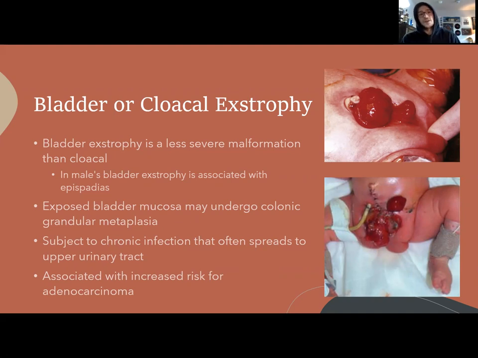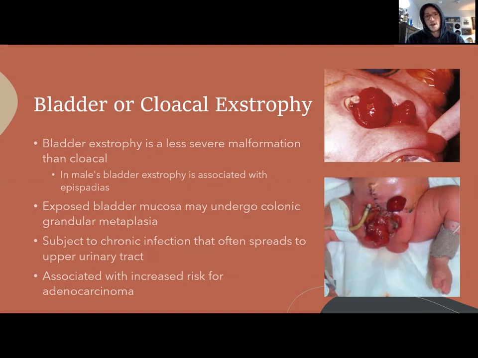Bladder exstrophy is a less severe malformation than cloacal, and that's just due to the size of the defect that would have to occur for the rectum and the anus, or cloaca, to also be outside of the pelvis. So it's a much bigger hole than it would be for just the bladder.